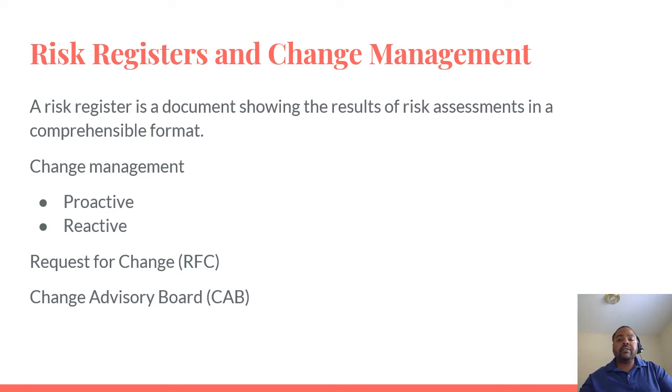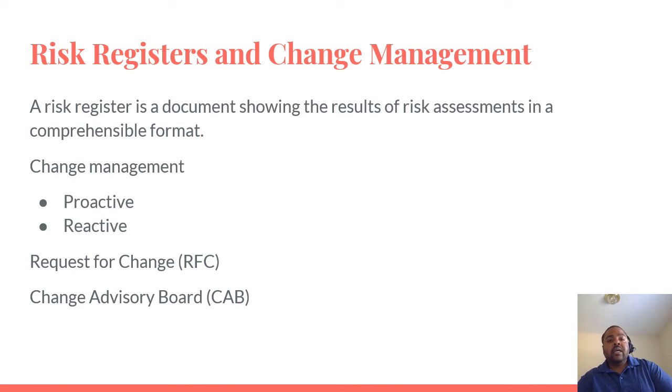Instead, if we plan to do, let's say, an upgrade, then we can see if that upgrade is going to bring on problems. And a change management system is a good way of letting everybody know what's going on with the changes within the network.